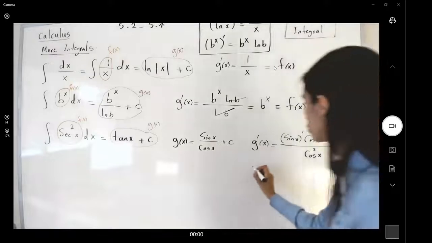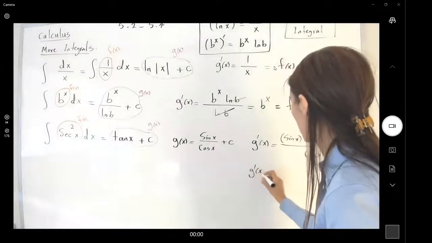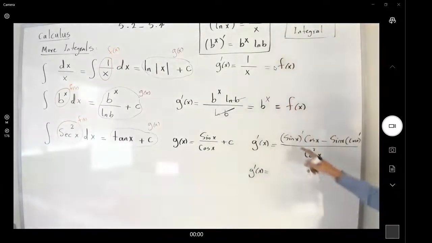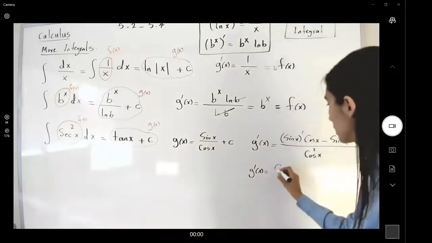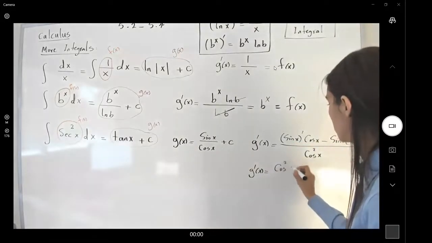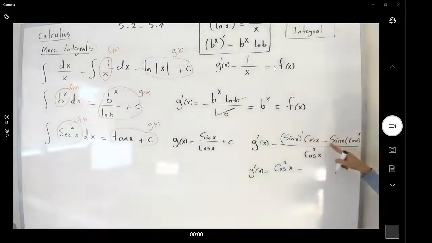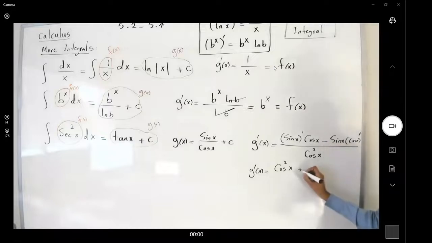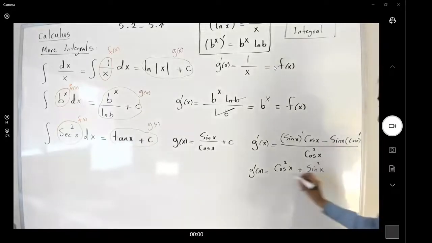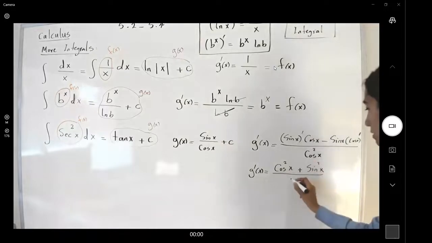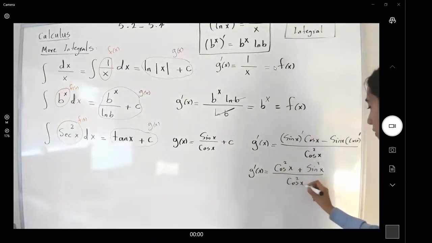So g prime of x is equal to the derivative of sine, which is cosine; cosine times cosine gives cosine squared, minus sine times the derivative of cosine. The derivative of cosine is negative sine, negative times negative gives us positive, and we have sine squared, divided by the denominator, cosine squared of x.